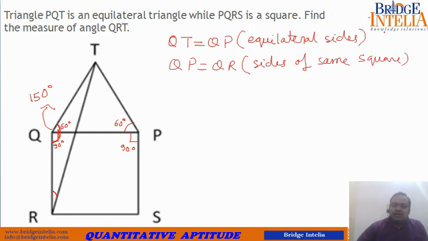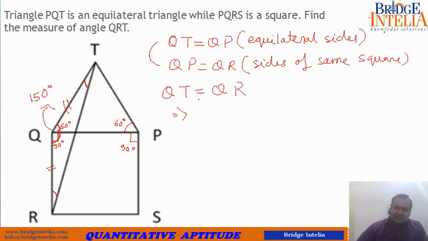So QP, this side, must be equal to QR, and QP is also equal to QT. So combining these two, you can see that QT is equal to QR. So if QT is equal to QR, it means that this angle must be equal to this angle, because these two sides are equal. This side is equal to this side, so opposite angles.